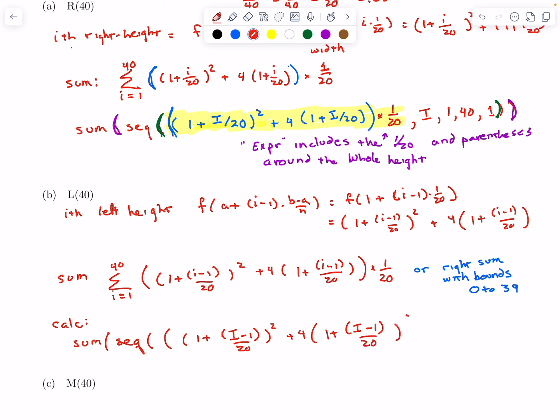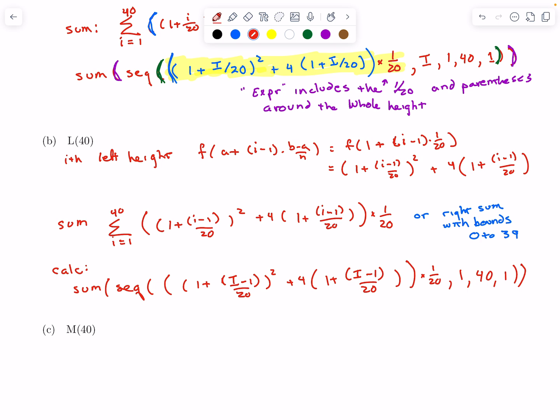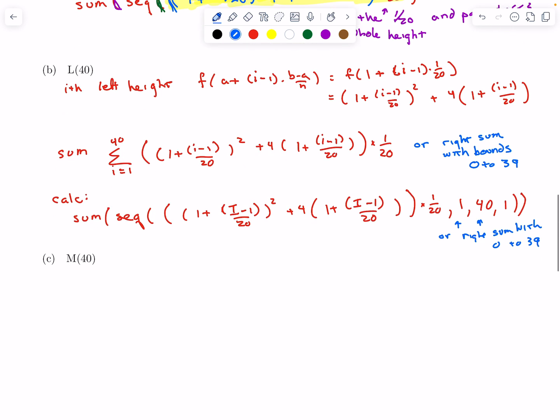Close the, I'm going to multiply by the height parentheses. And then 1 to 40, step 1. And I talk about the step in the calculator handout too. Okay, or you can make the bounds 0 to 39. Midpoint you have to do the hard way.